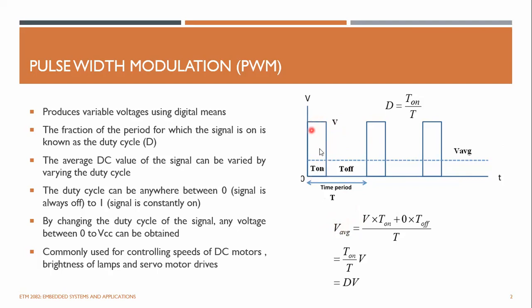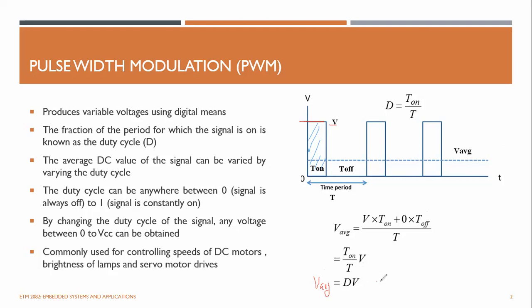The turn on period gives voltage V into T on, which is this area, plus this area, where the voltage is 0 into T off, which is 0, divided by the period capital T. So this term goes off, which means T on divided by capital T times V, which is D V. So the average voltage is D into this voltage V, where V is the peak value of this waveform.